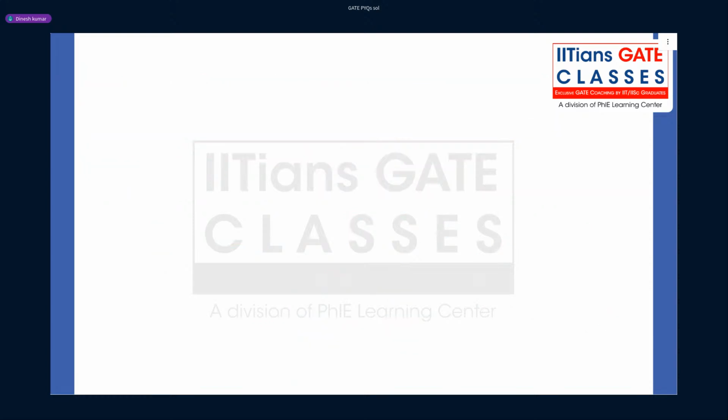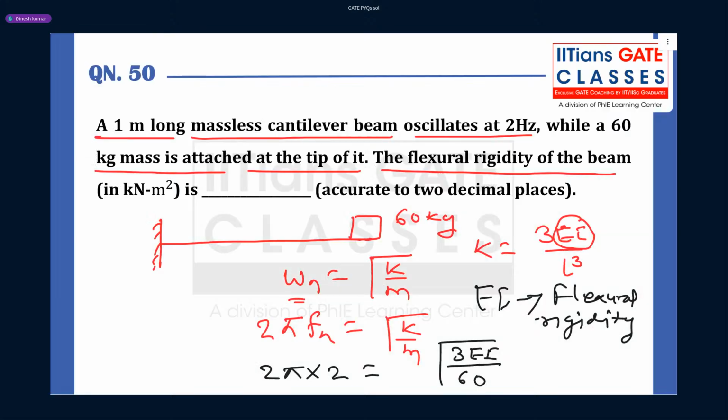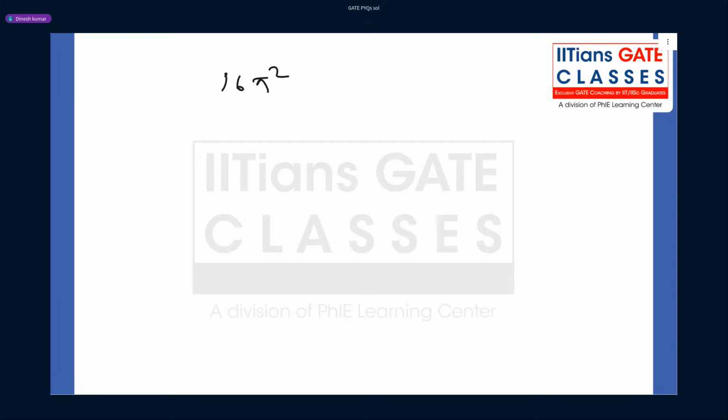So EI will be 16 pi square into 60 divided by 3, which will be equal to EI. Find out the value, guys. So 20 into 16 pi square. So EI will be 320 into pi square.